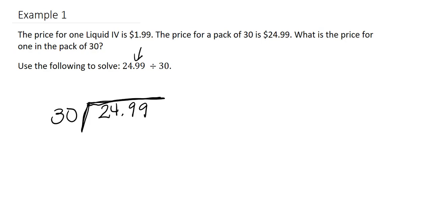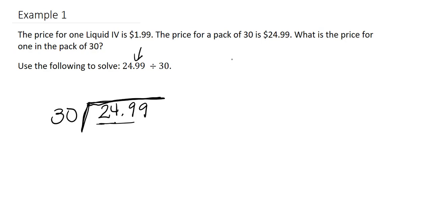Our first thing we're going to do is go 30 into, well, it can't go into 2 because 2 is much smaller. It can't go into 24 because 24 is smaller than 30, so we need to look at the first 3. So 30 can go into 249 how many times?